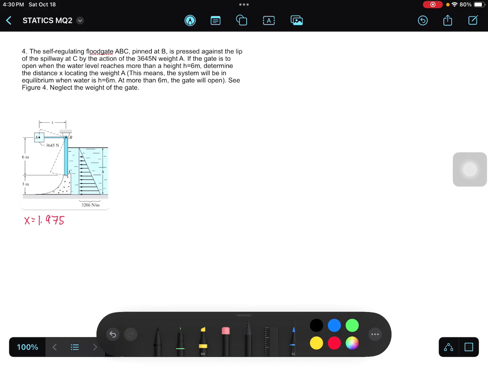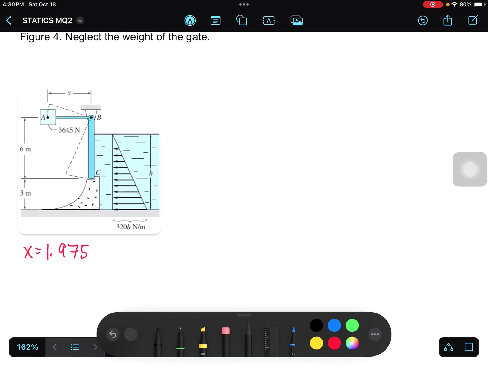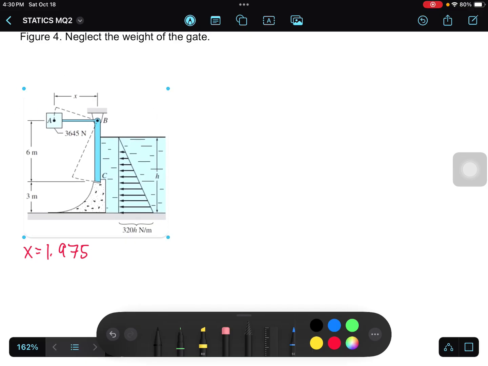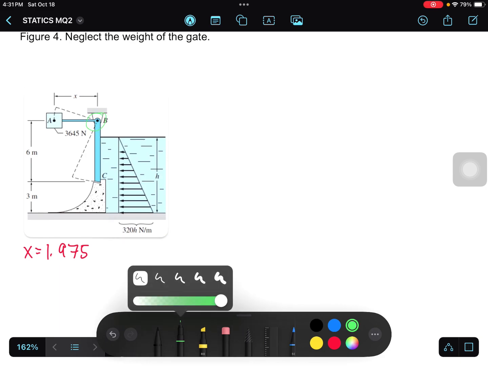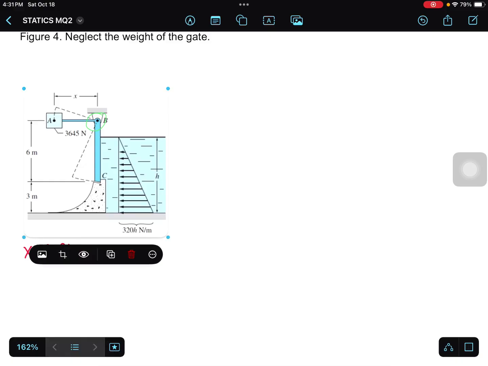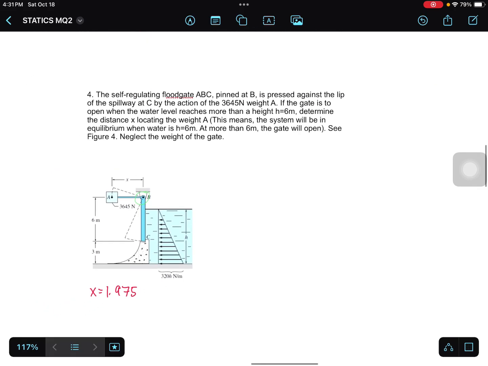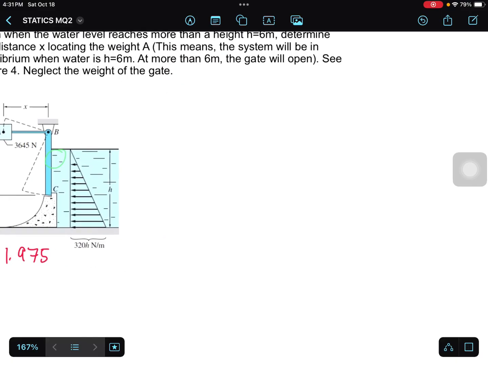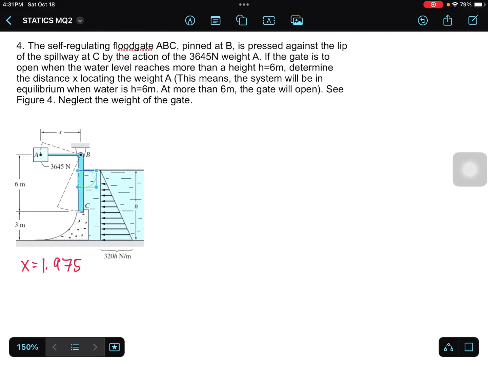Let's answer now number 4. The self-regulating floodgate ABC pinned at P. Ito si B. Ay, wala. Ito. Ano ba? Ito ang B. So, let's answer number 4.